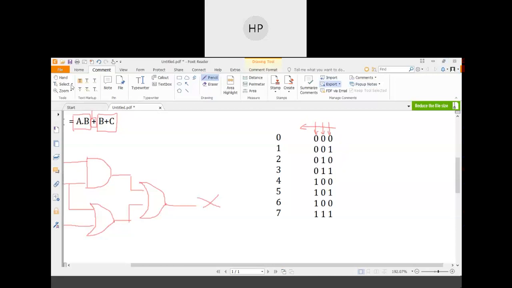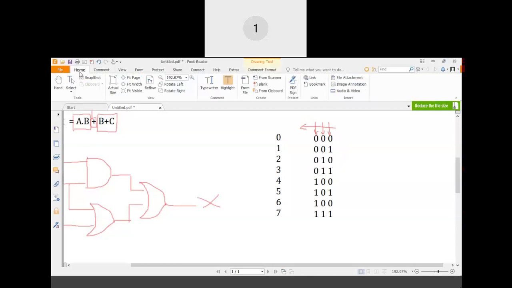Can't hear. When there are 4 columns, start from the right hand.